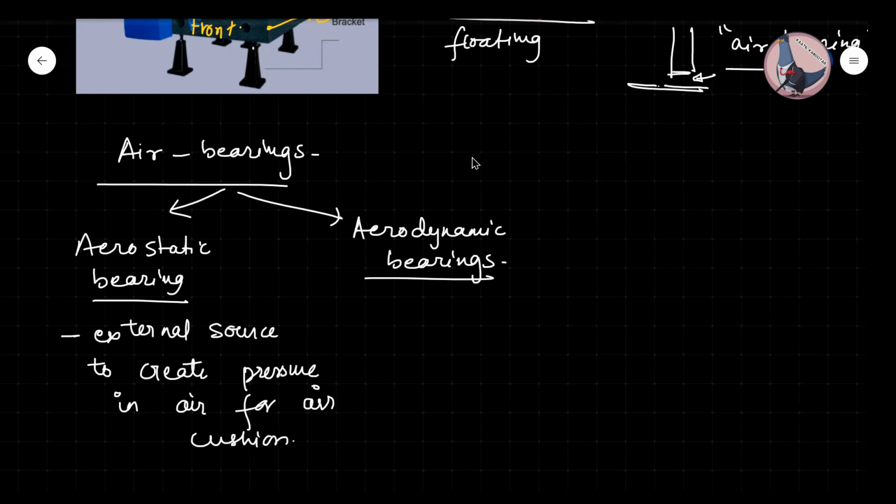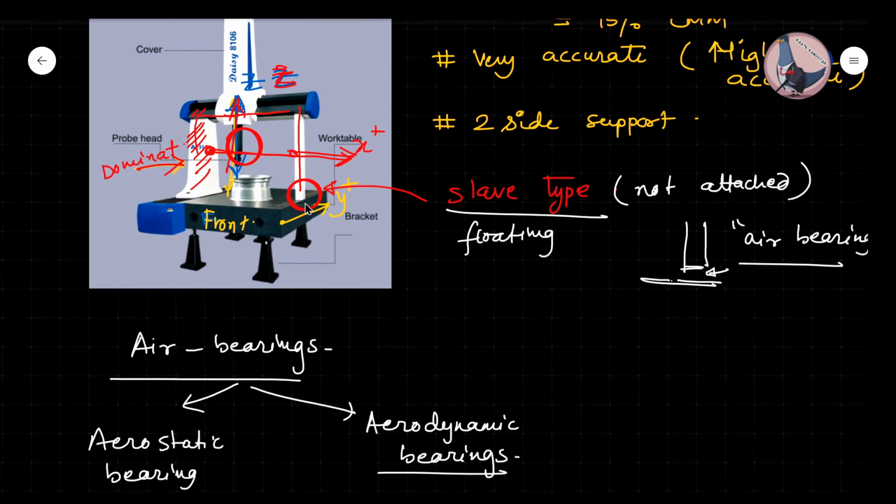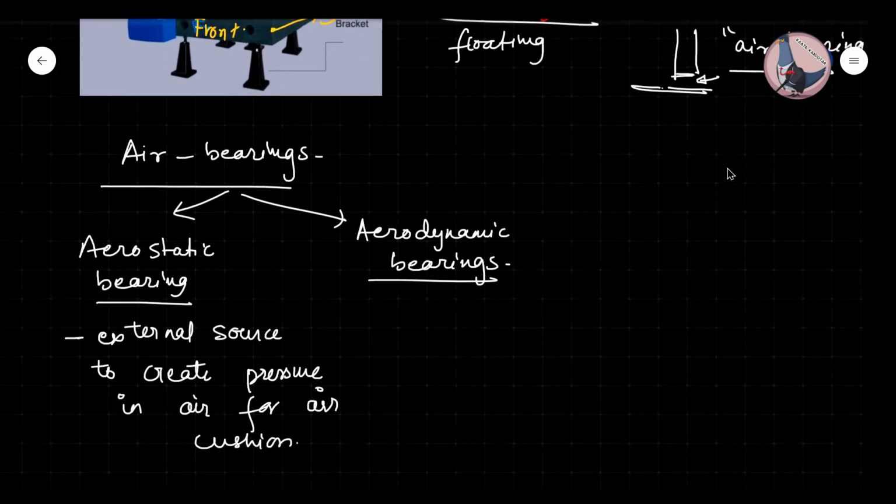Now, as I was discussing above, here is your slave side. So this is not touching the machine structure. There is a film of fluid in this, and that film of fluid, which acts as a cushion, is provided externally by compressors. Now there can be many problems with this.